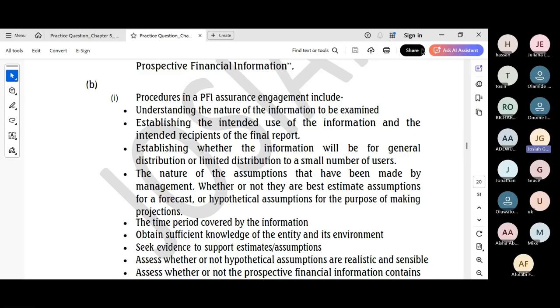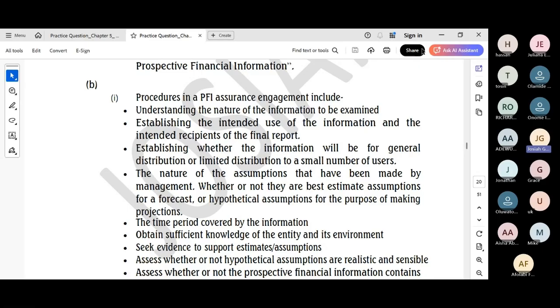The procedures are broader for B1 and relate to the scope of the engagement itself. So think about understanding the context and assumptions behind the prospective financial information. For example, understanding the intended use of the forecast and the nature of the assumptions. In that chapter, we'll look at best estimates versus hypothetical scenarios. So use bullet points for clarity.